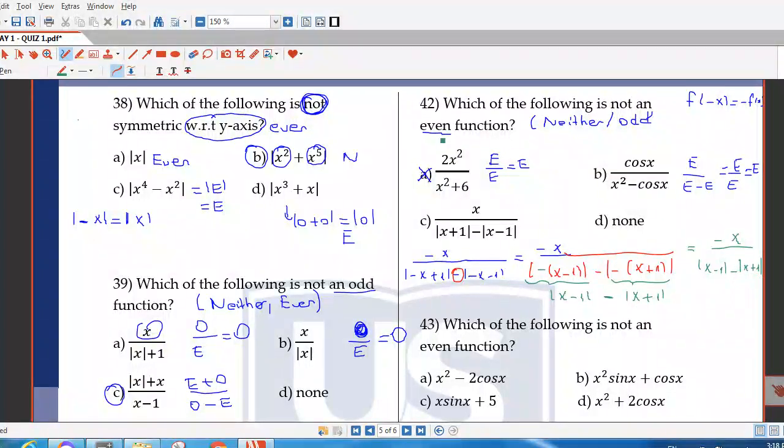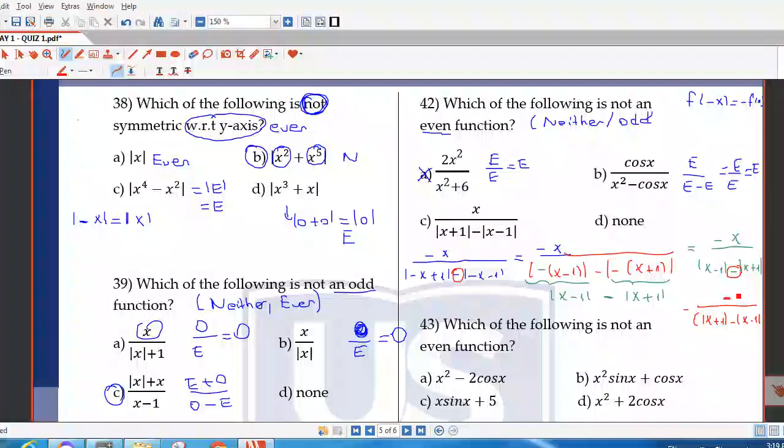So if I take this minus as a common factor, because of having a minus in front of x plus 1, I prefer taking this minus in front. So the denominator becomes the absolute value of x plus 1 minus the absolute value of x minus 1.